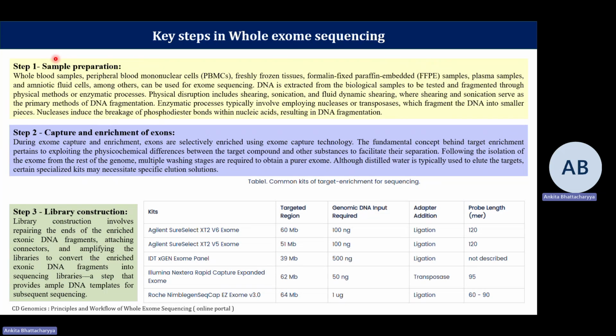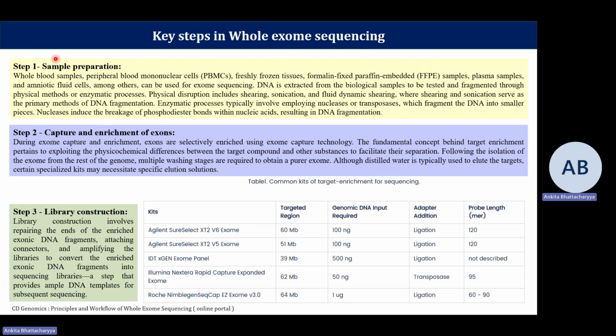The capture and the enrichment of exons. So during exome capture and enrichment, exons get selectively enriched using the exome capture technology. The fundamental concept behind target enrichment pertains to exploiting the physicochemical differences between the target compound and other substances to facilitate their separation.